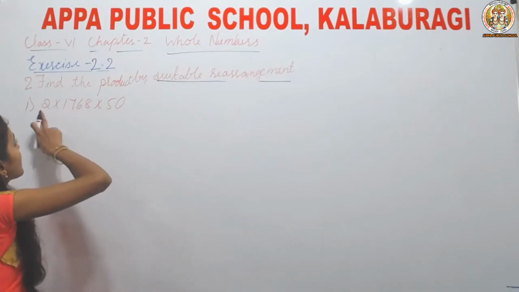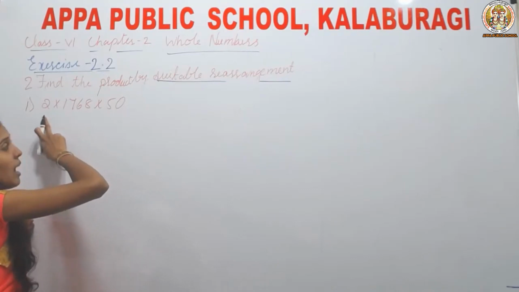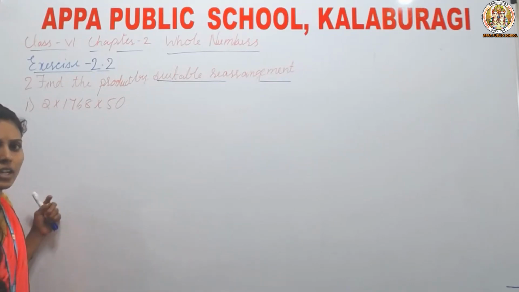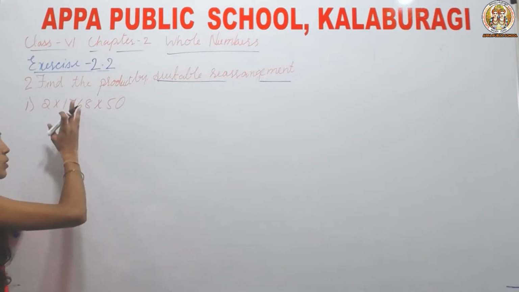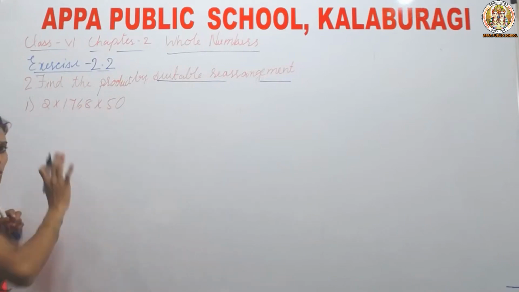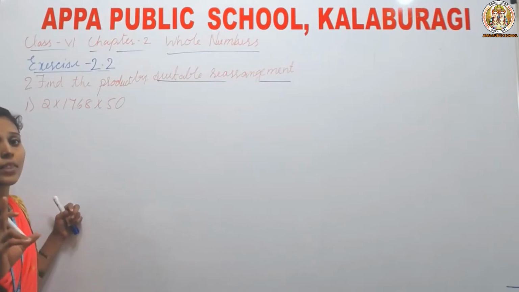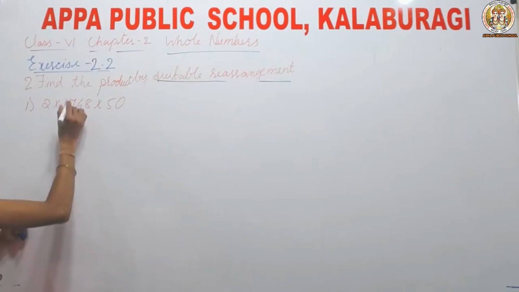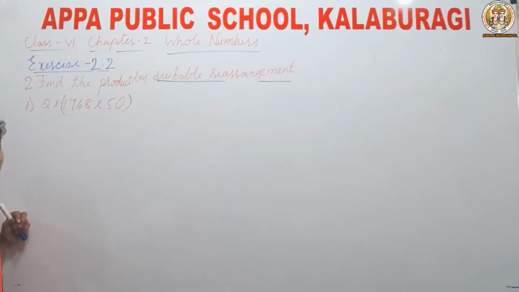To do so, I need these two numbers together. Either I should exchange these two or these two, any you can. Okay, there is no condition that you should exchange only these two numbers or these two numbers only. Any number you can exchange. The only thing we need is these two numbers together. That's it. Okay, so therefore use bracket here.